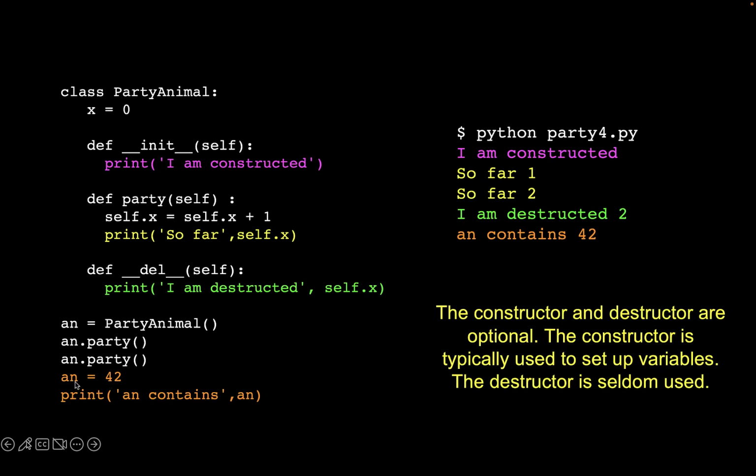Well, is it pointing to or referring to this instance of party animal any longer? No, it's not. So it makes it a target for something called garbage collection. Okay. And the garbage collector runs reasonably often. It's not always as soon as you.